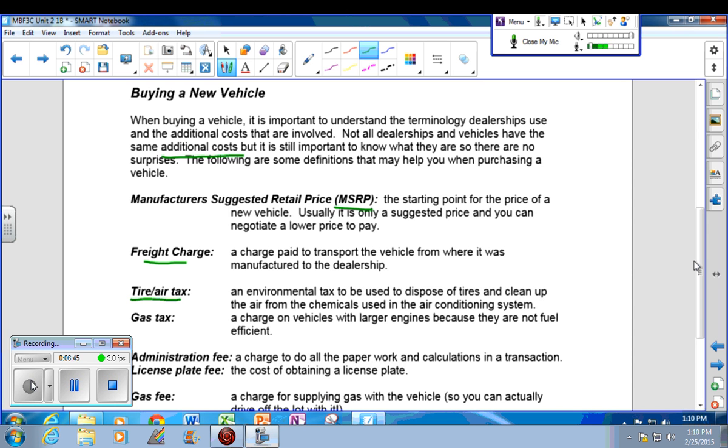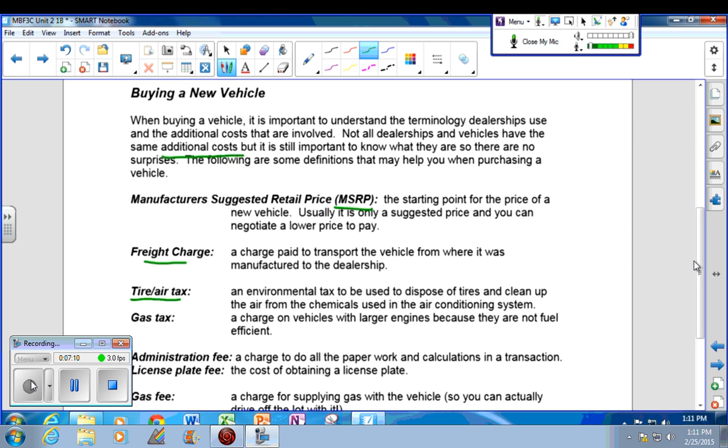Now, I don't know. We've switched over to a better system, but I guess we're using better chemicals in our air conditioning systems, but still they have to be captured with special equipment when the vehicle is taken out of commission. Okay, so there's a tax for that. It's about $100 for that whole thing. We'll see, there's different fees.